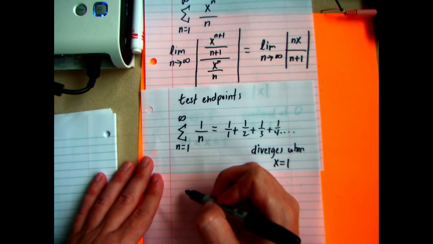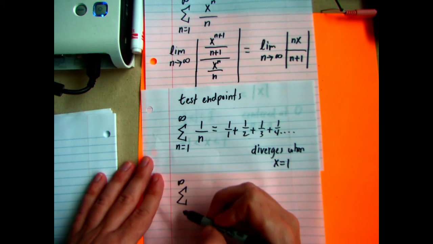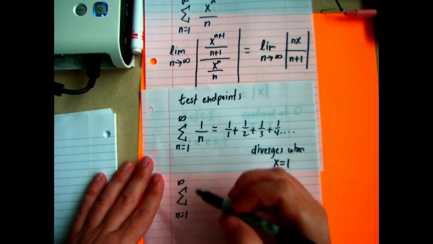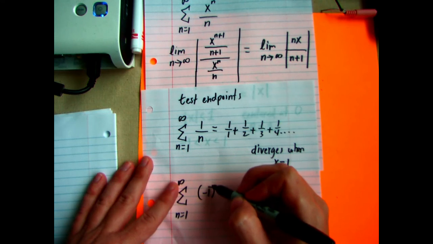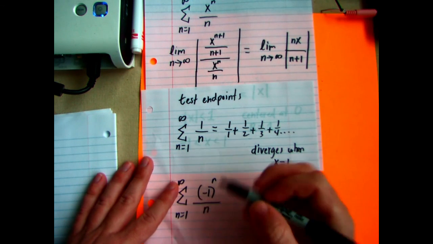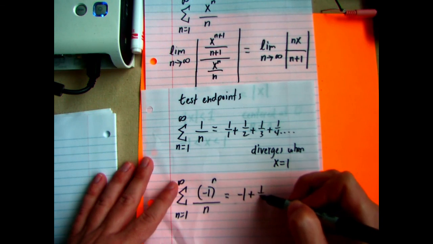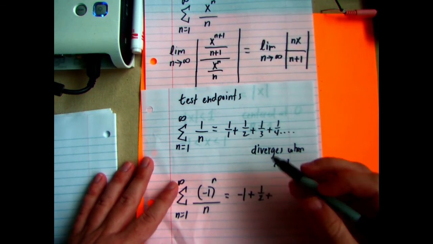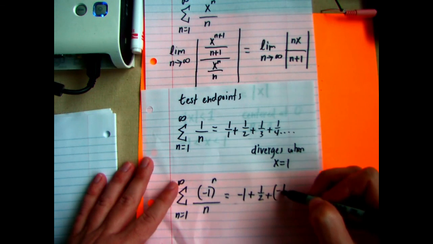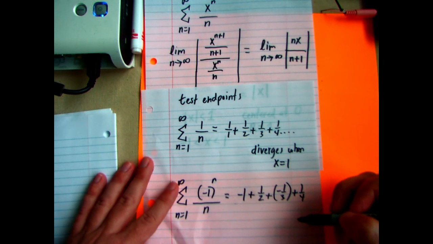Now when I test x equals negative 1, the infinite sum that I get as a result is negative 1 to the power of n all over n. When I list some of these terms to see what's happening, I get negative 1 plus 1/2 minus 1/3 plus 1/4.